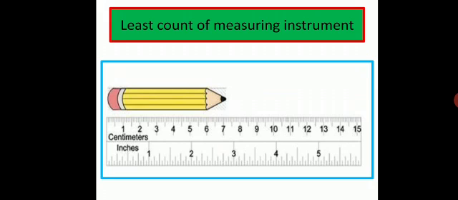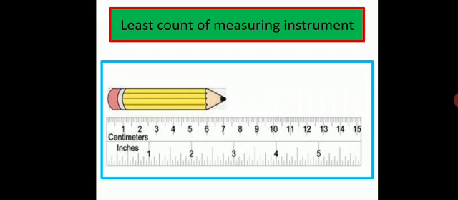If you write it in millimeter, you will write it as 60 millimeter or 70 millimeter without any decimal point, because in millimeter there is no decimal place for this particular instrument.